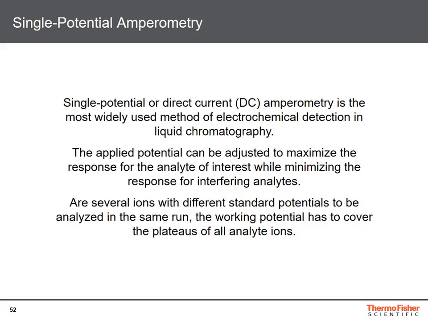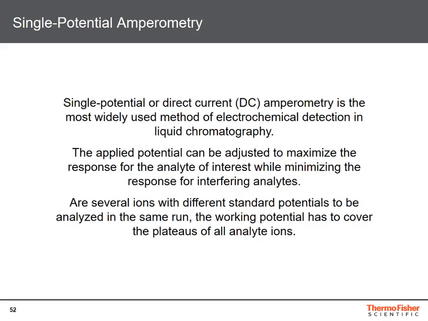The applied potential can be adjusted to maximize the response for the analyte of interest while minimizing the response for interfering analytes. We generally observe that with increasing oxidation potential, more and more electroactive species can be oxidized, but we also see more and more interferences.